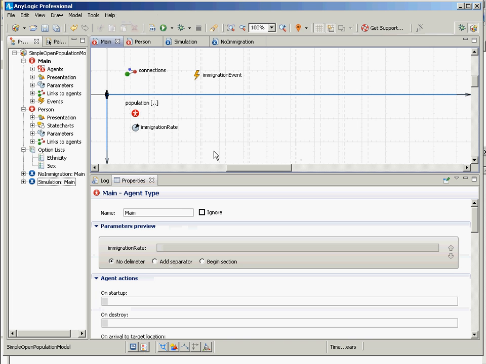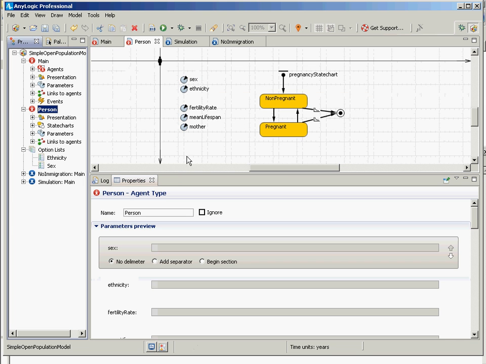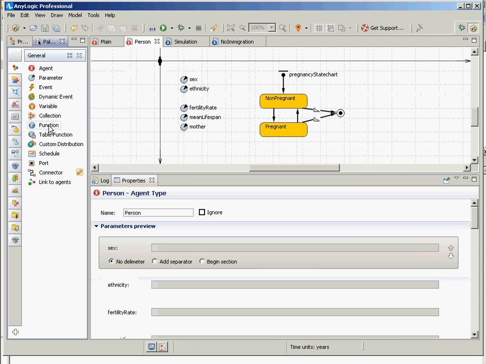Okay, I'll do that. Here we go. Go down to person. Let's drag in a parameter from the palette, and it's going to be their ID.